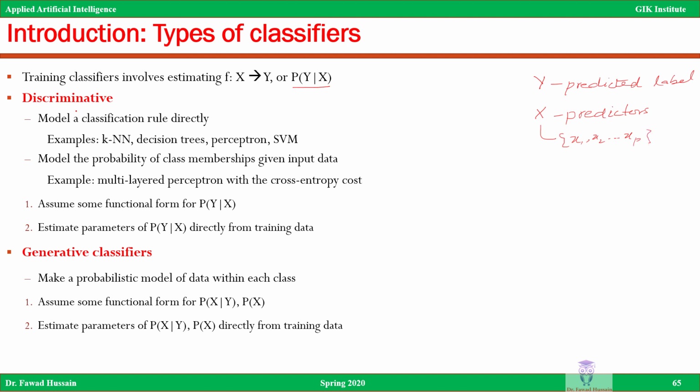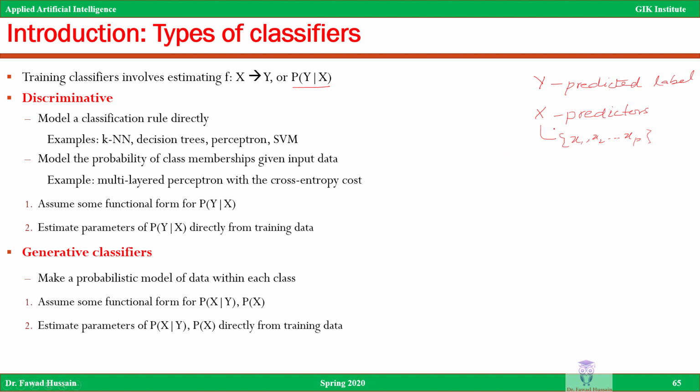So, the decision tree that we looked at is an example of a discriminative classifier. Examples of discriminative classifiers include KNN, the decision trees, the perceptron, the neural network, and support vector machines. In this we assume some functional form of probability of y given x.